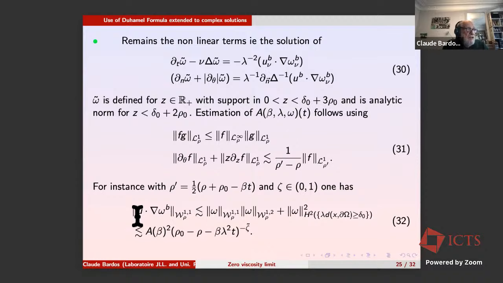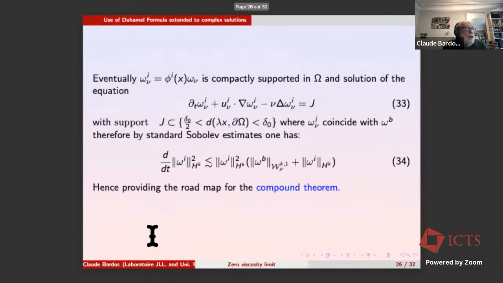And at the end of the day, you get equation 32 for the control of u nabla of omega beta, which is the most nonlinear term in the boundary and which will appear in the boundary equation.